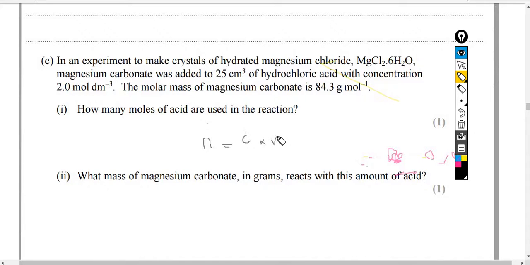into volume. So if you really don't remember this equation, you can just get that by looking at the parameters here as well. So you have a volume here.